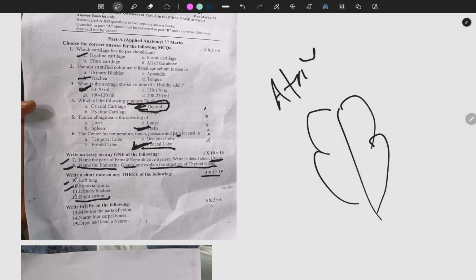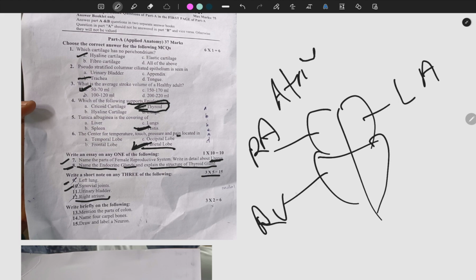So the next one is the right atrium. So atrium will be present in the heart. Okay, so here we have the heart and the right atrium, left atrium, right ventricle, left ventricle. So they asked about the right atrium.